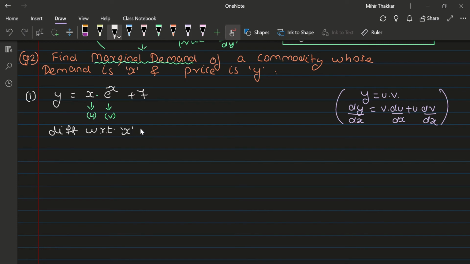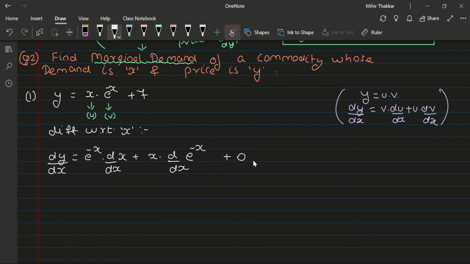So when I want to differentiate this, we will say differentiating with respect to x. So derivative of y, dy by dx, as you already know the rule, is v into derivative of u. So e raised to minus x into derivative of x plus x into derivative of e raised to minus x and plus 7.